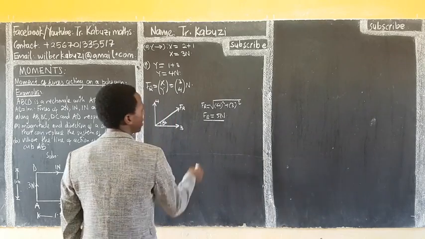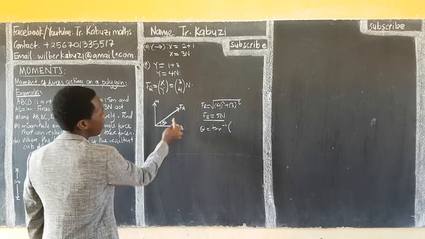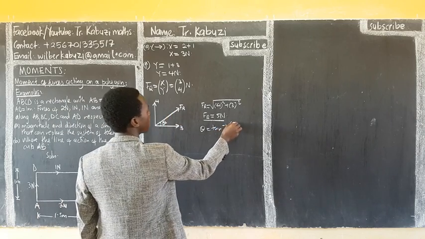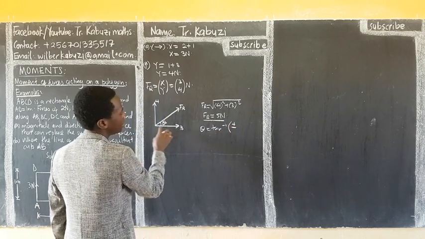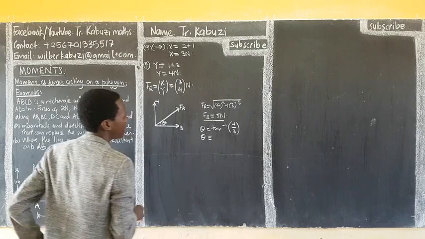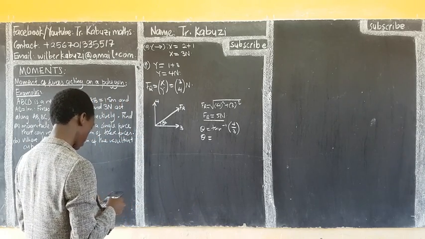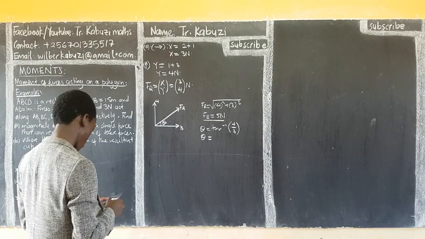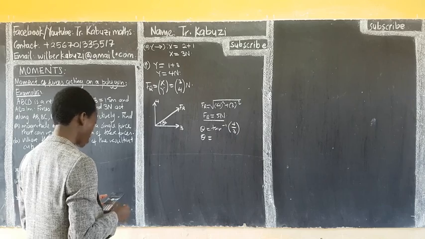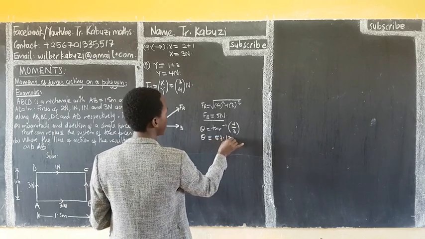Then its angle, theta, is going to be the inverse tangent of the opposite, which is 4, over the adjacent, which is 3. So our theta, the direction, is going to be 53.13 degrees.